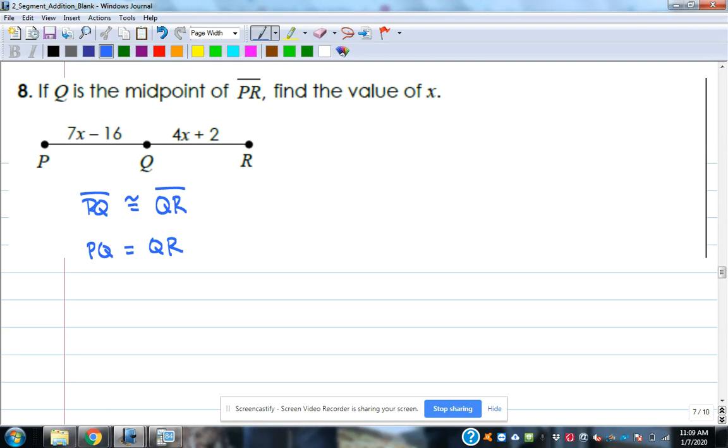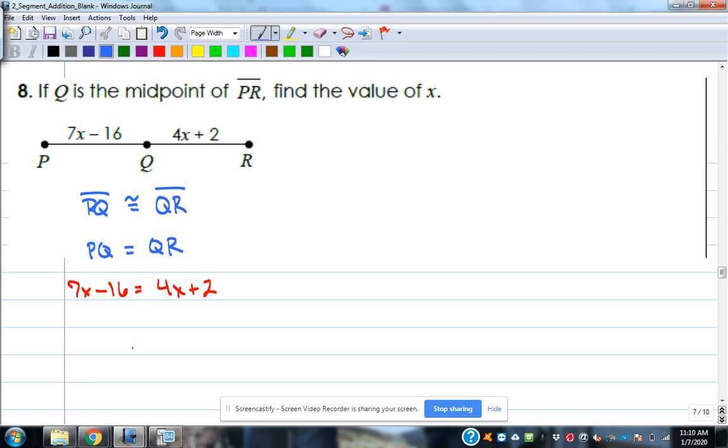In the history of math, geometry came first. So when we're doing problems, I'm trying to model doing the geometry part first, and then the algebra backs that up. So we set up the equation: PQ is equal to QR, so 7x minus 16 is equal to 4x plus 2. If you get in the habit of at least thinking this way, when we go to do proofs very soon, you won't have any problems with proofs, because other than the reasons, it's almost a proof right there.